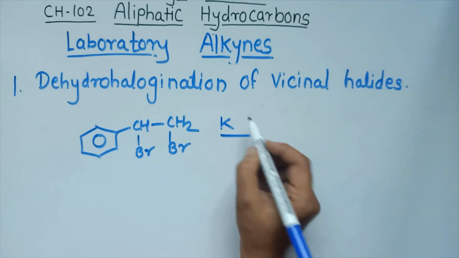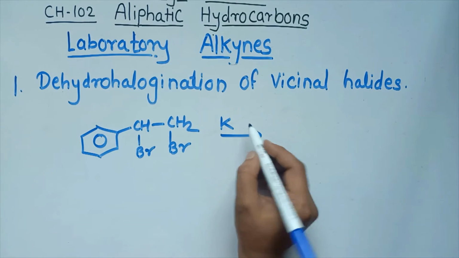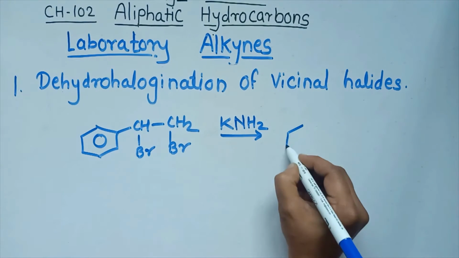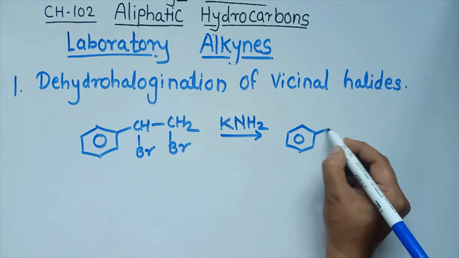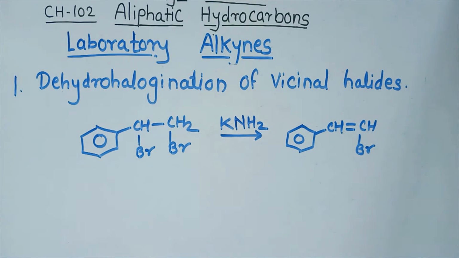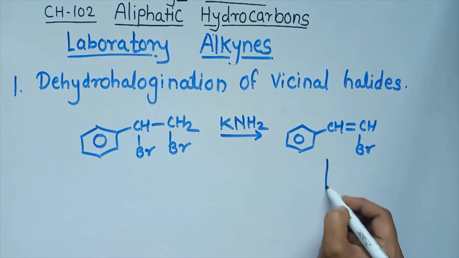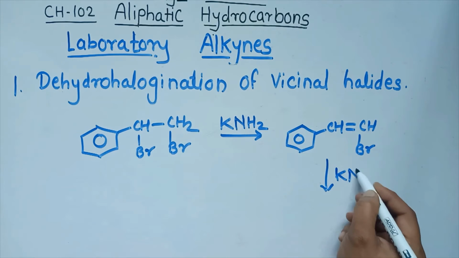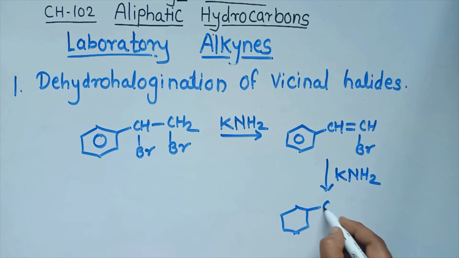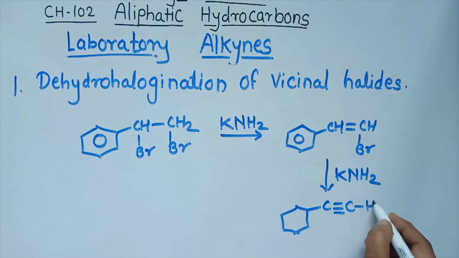When it reacts with alcoholic KOH or we react with the strong base, that is KNH2, this vinyl bromide is formed, and this vinyl bromide again reacts with the strong base, it forms the alkyne, phenylacetylene. The name of this compound is phenylacetylene.